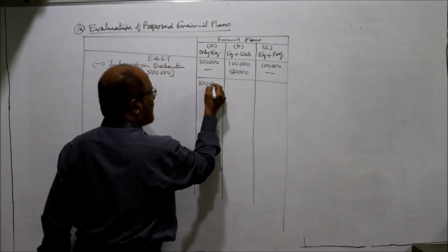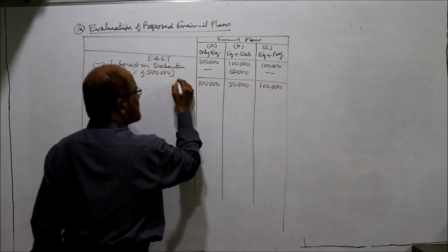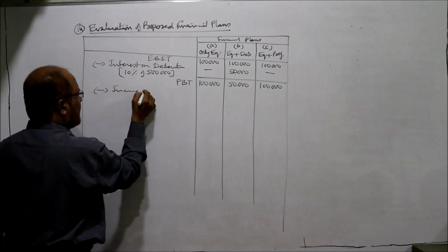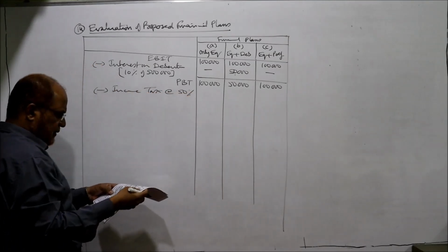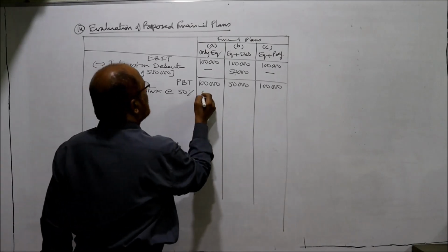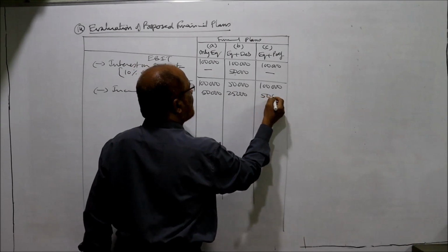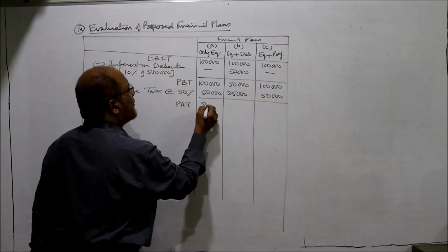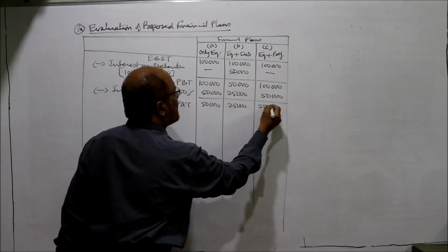So 1 lakh, 50,000 and 1 lakh. This is called PBT. Less income tax at the rate of 50%. So it becomes 50,000, 25,000, 50,000. Subtract, we will get PAT: 50,000, 25,000, 50,000.